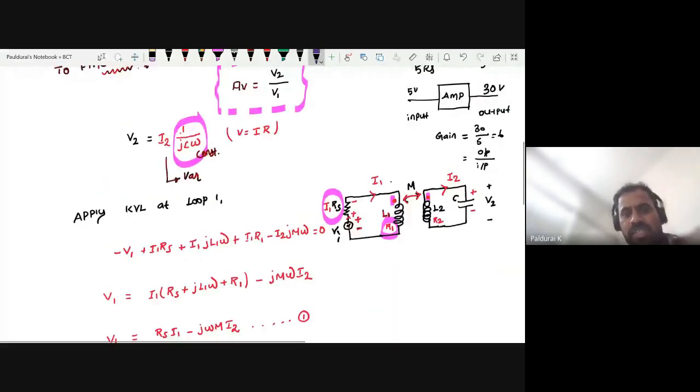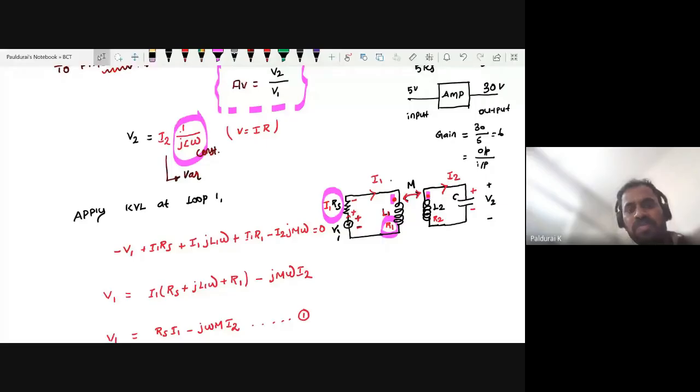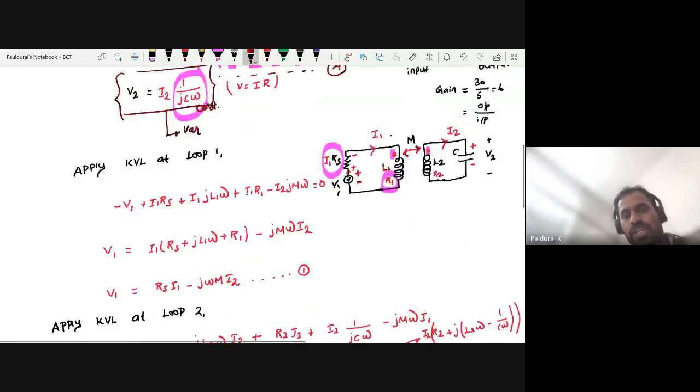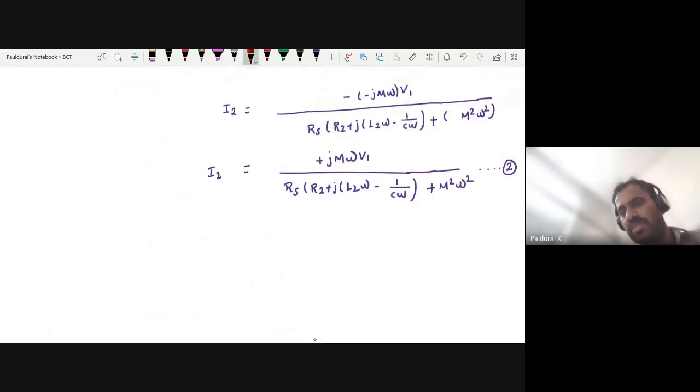Where is my V2? V2 is here, right? This is my equation: V2 equals I2 times 1 divided by jc omega. Take this as equation number a. Now substitute equation number 3 in a.